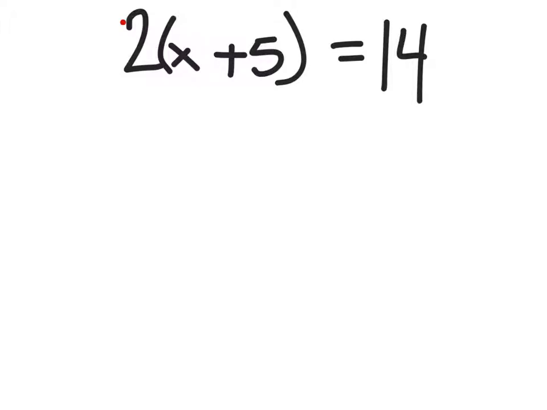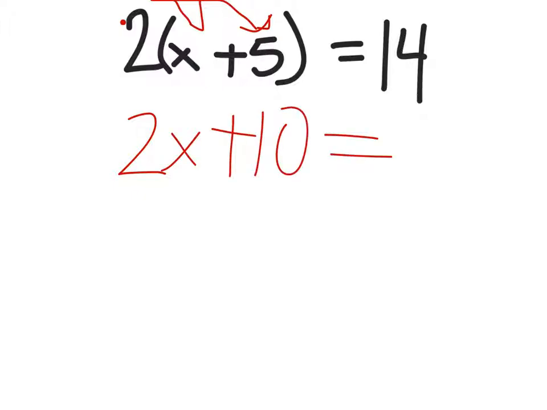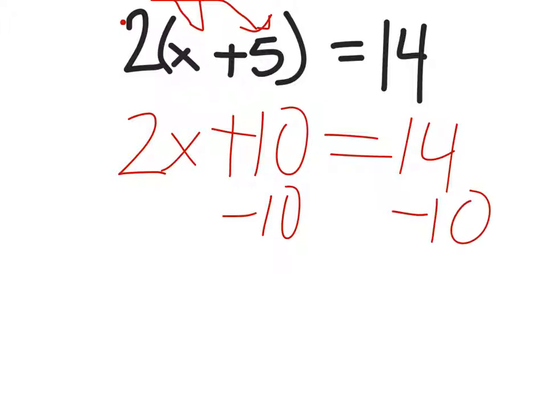So, make sure you explain while you do it, though, please. So you distribute. And that's 2x plus 10 equals 14. Then subtract 10. And then get 4.